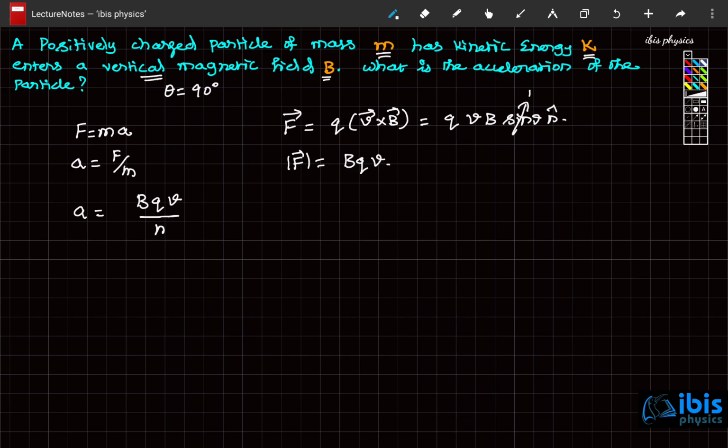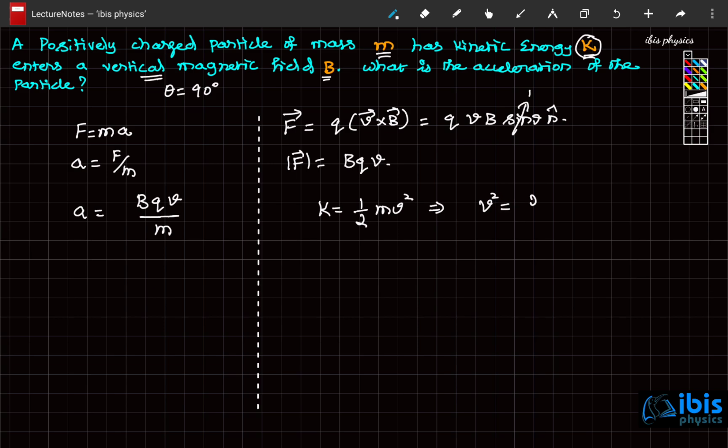So the acceleration of the particle, a, equals BQV by m. But here they have given only the kinetic energy, but they have not given the velocity. So we are supposed to write velocity in the form of kinetic energy. We know that kinetic energy K is half m v square, which means that 2K by m is v square.